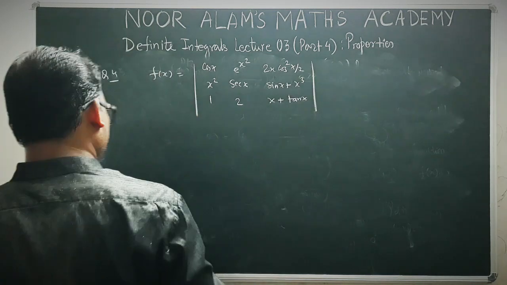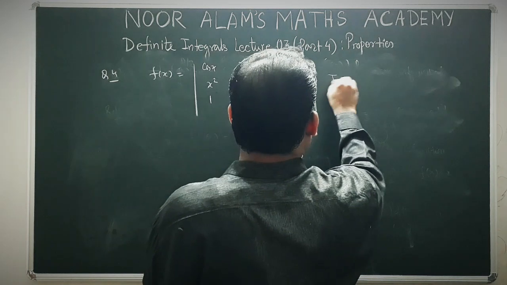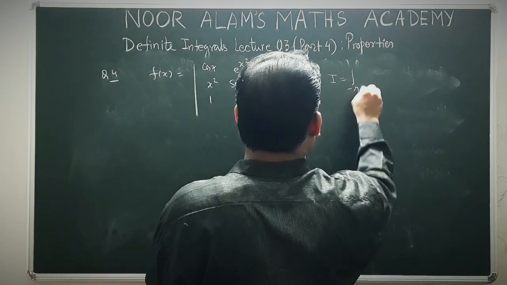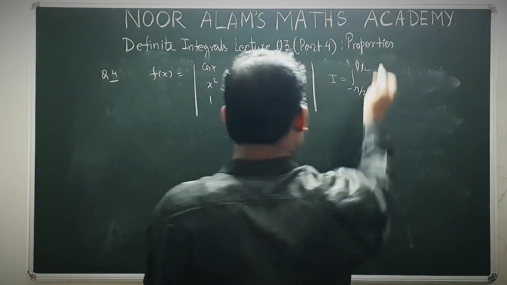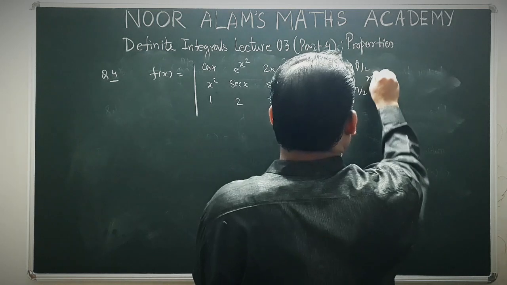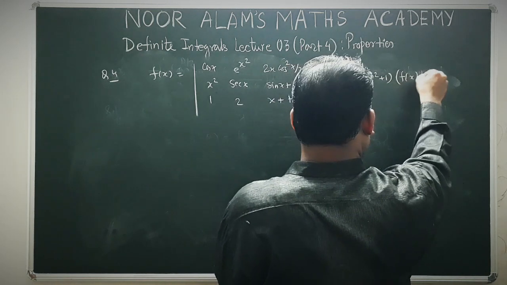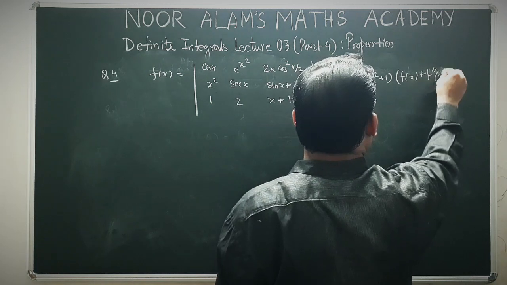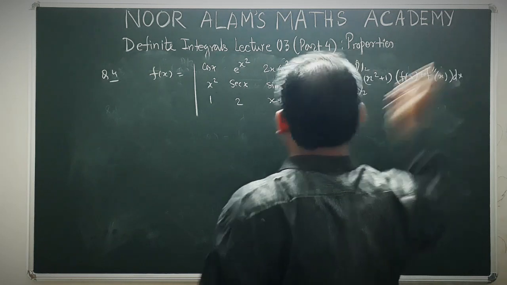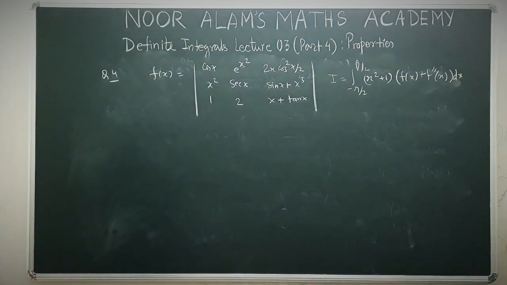This is the determinant. Now we have to find this value: I is equal to the integral from minus pi by 2 to pi by 2 of (x square plus 1) multiplied by (f of x plus double derivative of f of x) dx.